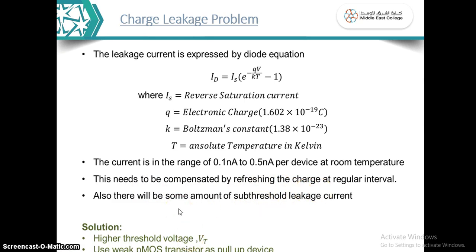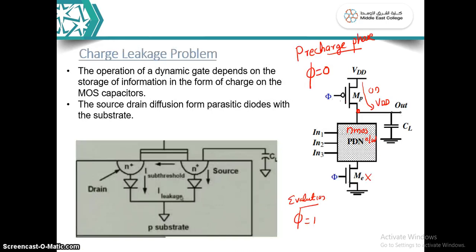Another problem is the subthreshold leakage current. Subthreshold leakage current is a current that flows through the channel. It will be quite large in current technologies, these deep submicron technologies. Subthreshold current will be quite high. We can reduce the subthreshold current by increasing the threshold voltage.